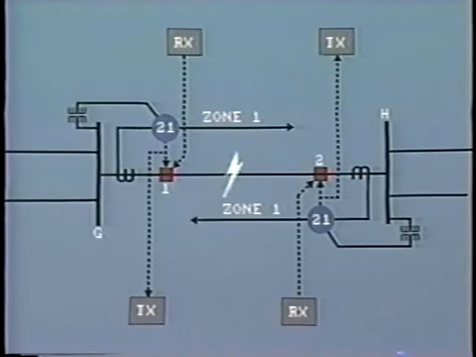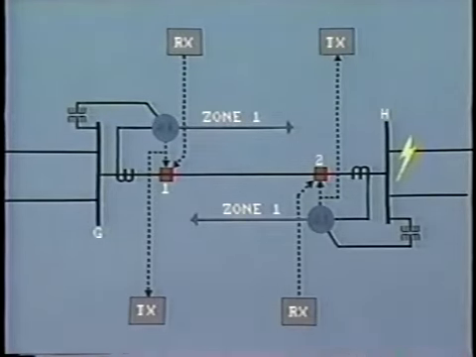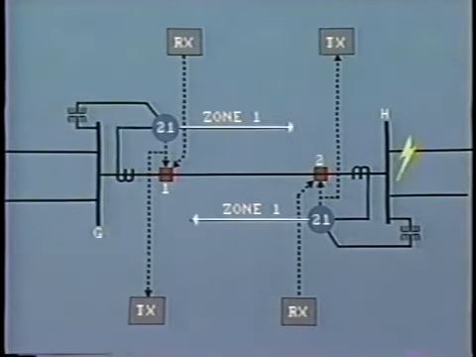If a fault occurs within this overlap section, then the relay at each end will operate and immediately trip both breakers, so providing high-speed tripping. If the fault is external to the line, we do not want the relays to operate. Therefore, directional relays must be used with the tripping direction looking into the line. So this provides selectivity.